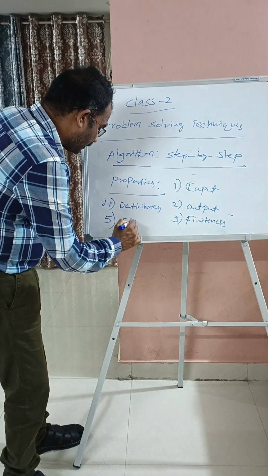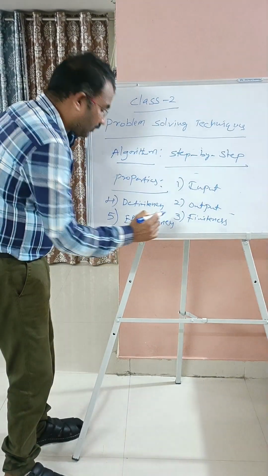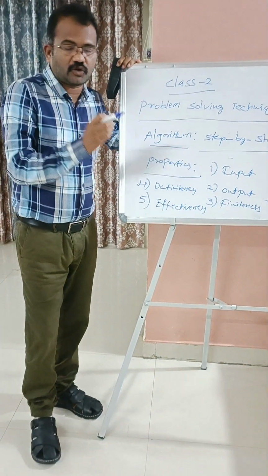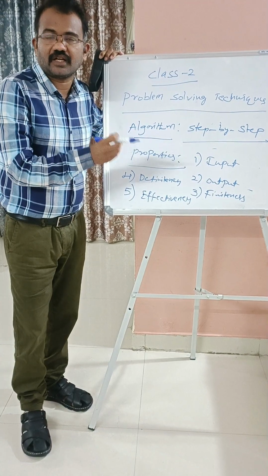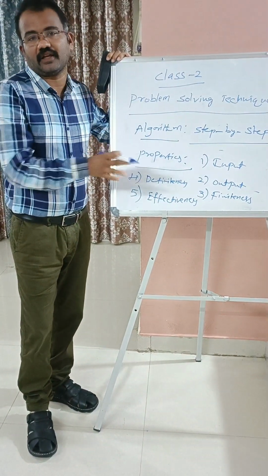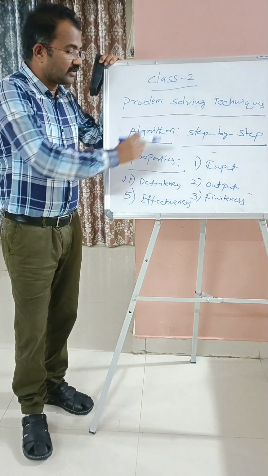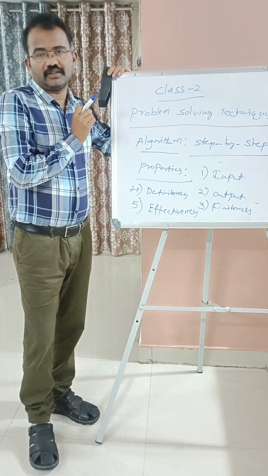Next, last property, effectiveness. Whatever algorithm you write must be easy to understand, and every step must be clear. If these 5 properties are satisfied, then the algorithm is right.